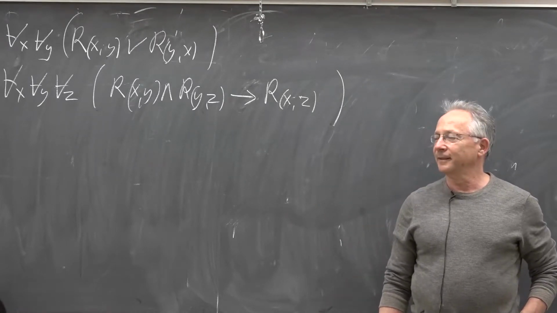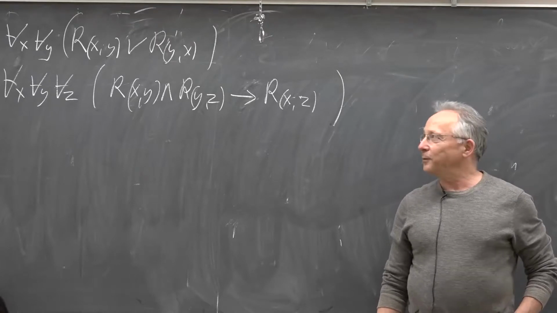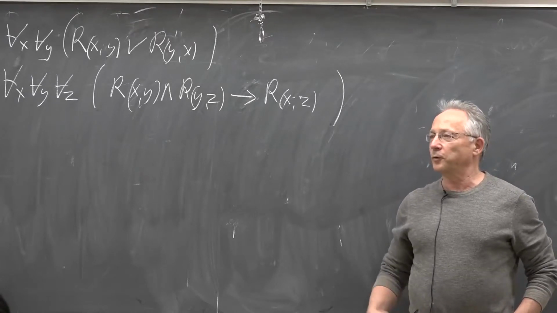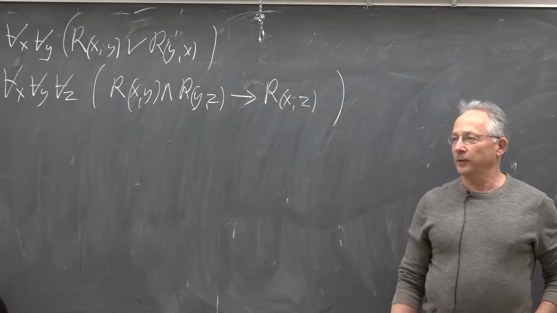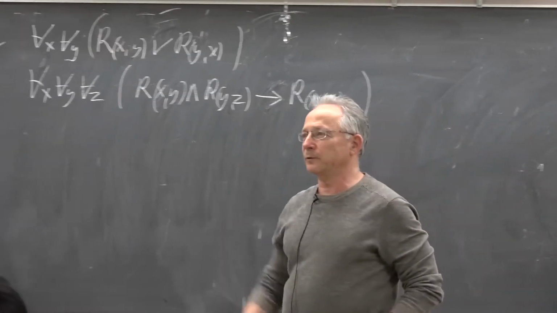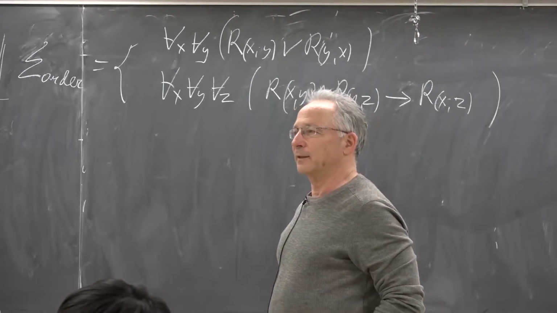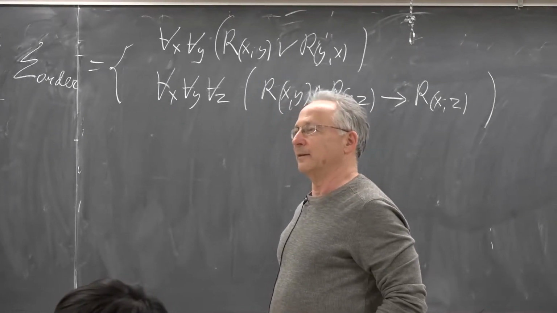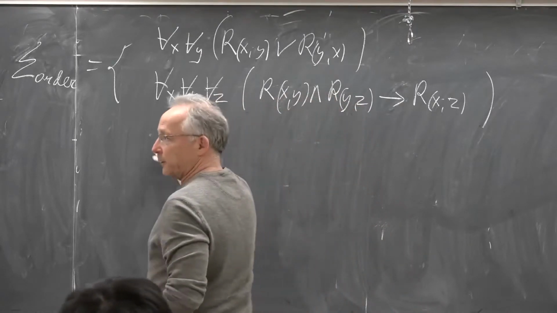Yes? For all x, for all y, R(x,y) implies not R(y,x). Right, so now it depends whether we want it to be a strong ordering or a weak ordering. So this will be a strong ordering. What did you want to suggest? For all x, for all y, R(x,y) and R(y,x) imply x equals y. Right, that is exactly what weak ordering will give us.